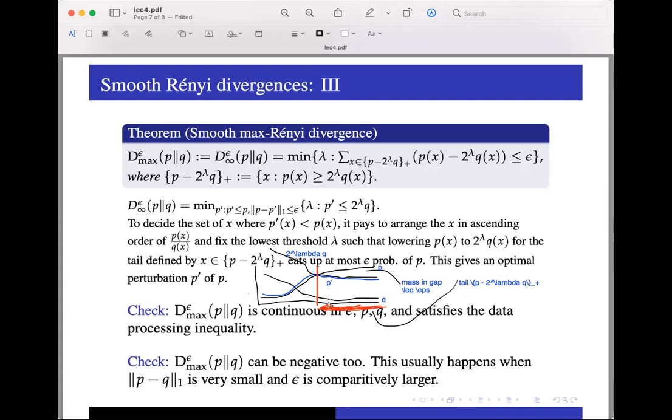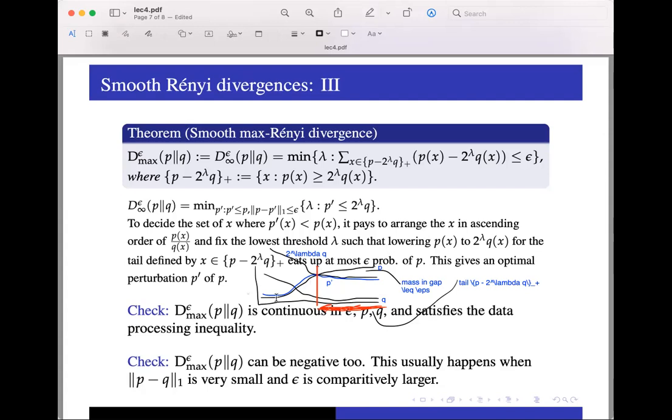Let us say my probability distribution looks like this, and the distribution Q looks like this. Remember, summation over x of Px equals 1 and summation over x of Qx equals 1. So these vectors sum up to 1. If I draw them schematically, I may get a picture like this.